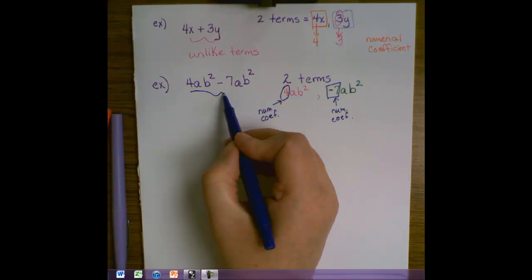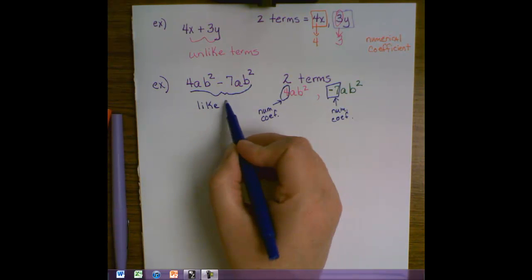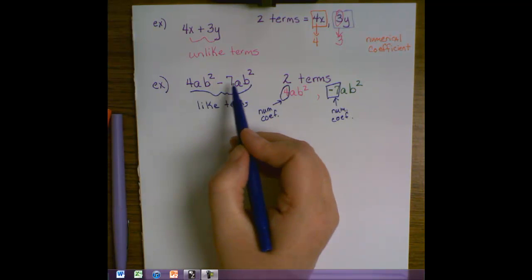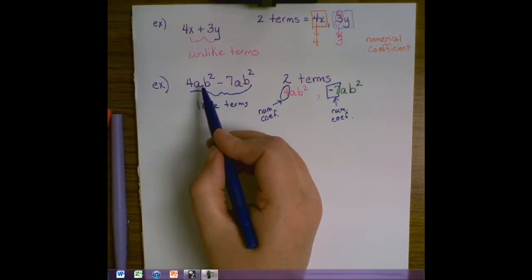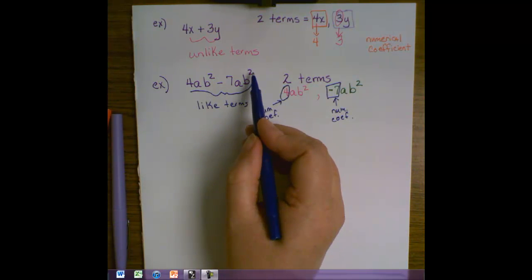And these would be like terms because the variable parts are identical. A, b to the second, a, b to the second.